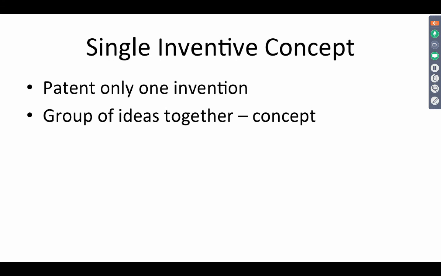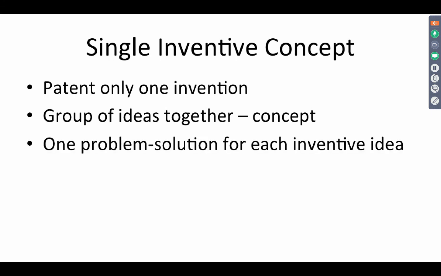So you will bear in mind that you can file a patent only for one invention. But if the ideas are grouped together to form one single inventive concept, you could still have one patent for it, provided you show them as flowing out of one inventive concept.